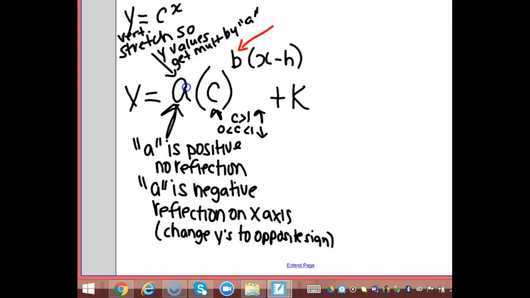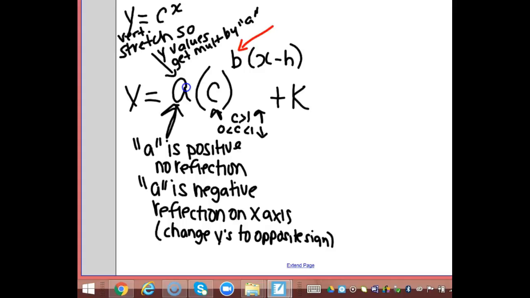Well, this guy's a transformation, the H and the K. The B is a stretch yet, but it's a stretch on your x values. And remember, whatever happens to your x's, it seems to always be the opposite. So if this B value was 3, that means your x's are going to be divided by 3.